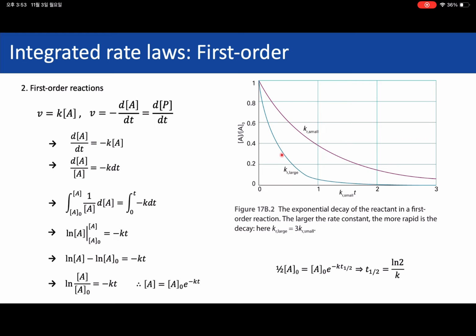So the faster decay of the molar concentration of A represents faster consumption of this reactant A. So the larger the k value means the faster consumption of the species A, which is a faster reaction.